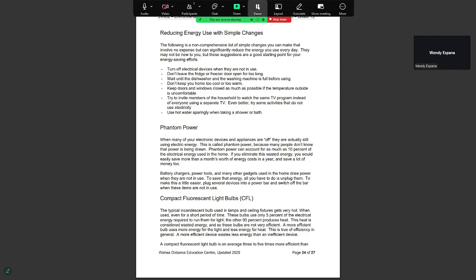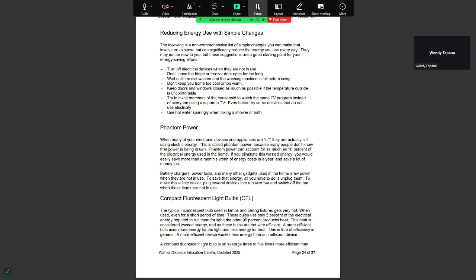As a matter of fact, only 5% of the electricity going into an incandescent light bulb makes light. The rest of it just produces heat. So for the most part, all they did was get hot, and that's wasted energy. You probably never even have had incandescent light bulbs in your house anymore. Mostly now we have CFL lights, a compact fluorescent light bulb, and it is more efficient.